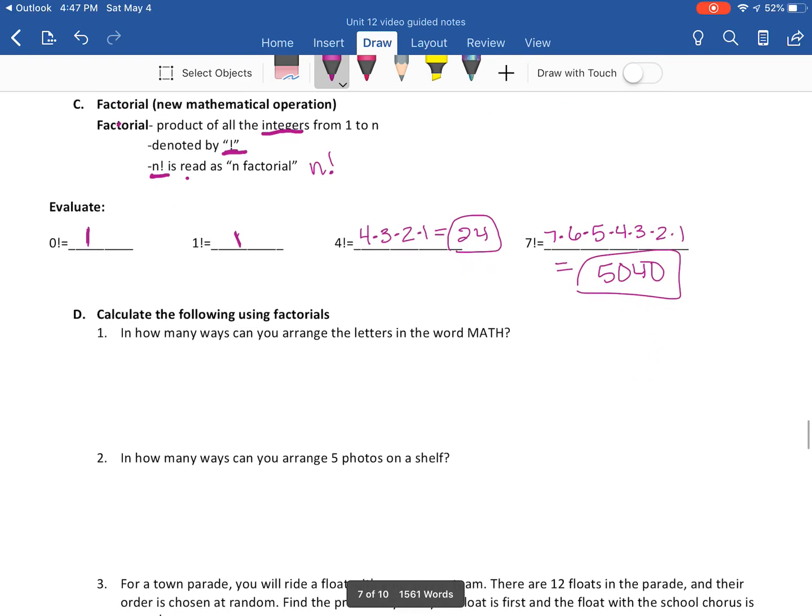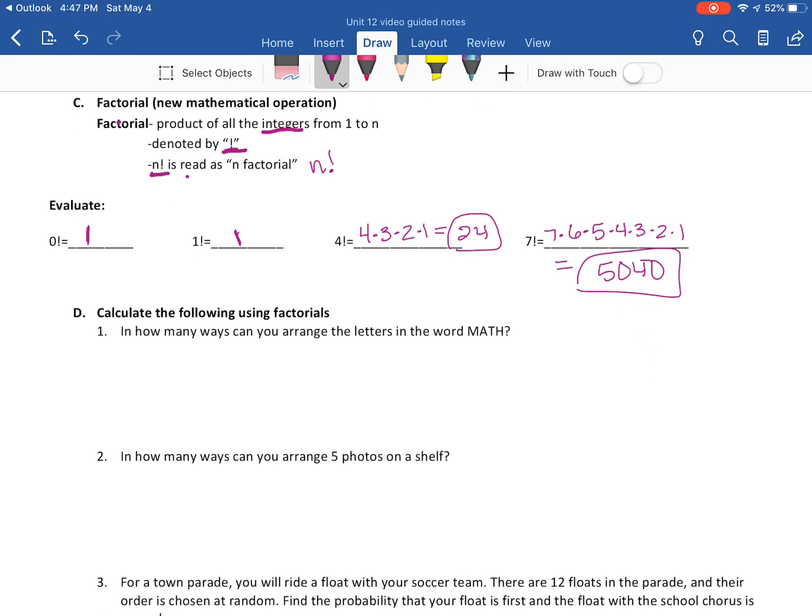So we want to try calculating some things using a factorial. How many ways can you arrange the letters in the word math? Well, math has 4 letters, so we can arrange them in 4 factorial ways. So that would be 4 times 3 times 2 times 1, which gives us 24 ways to arrange these letters.